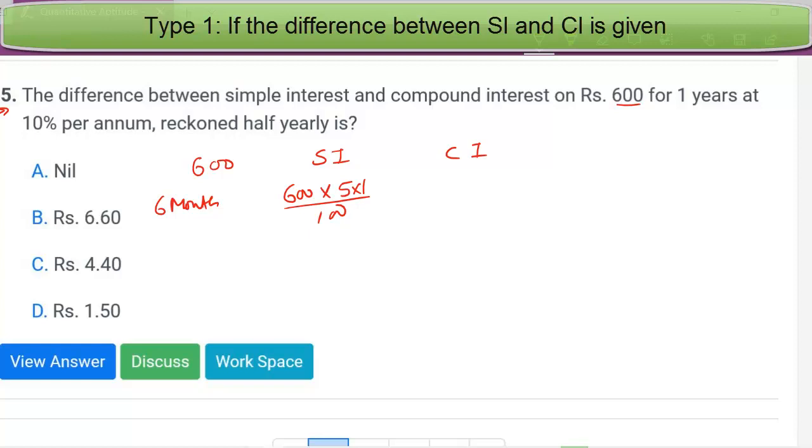So this is 30. If you calculate the simple interest for the other 6 months, that will also come out to be 30. So you will get 30 plus 30, that means 60 rupees simple interest on this sum, which is 600.